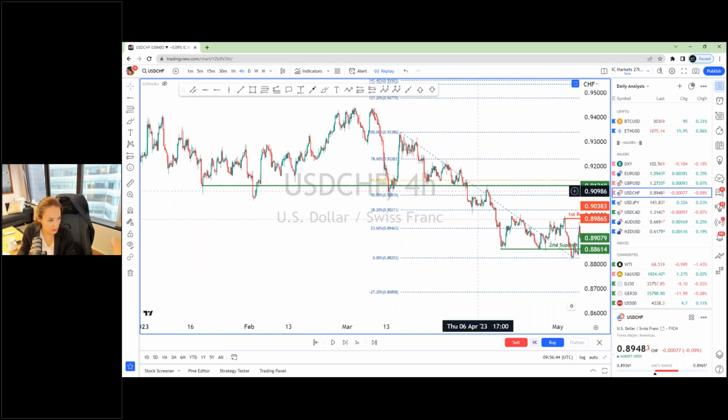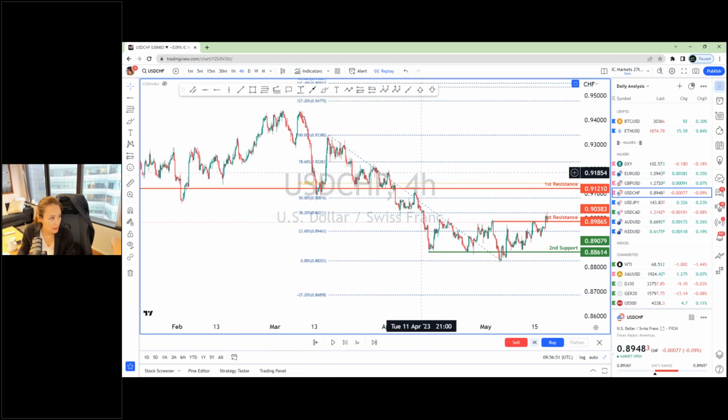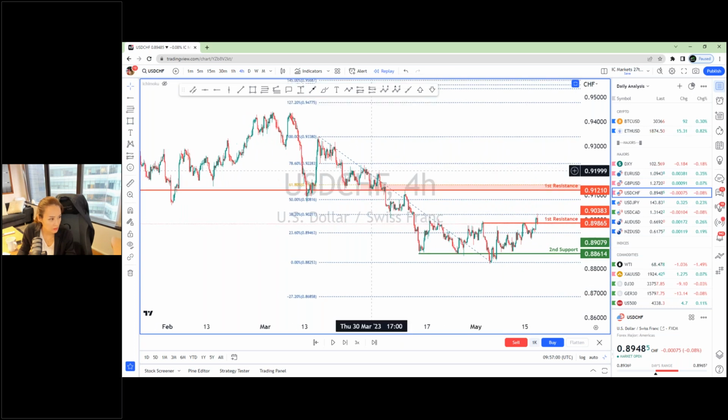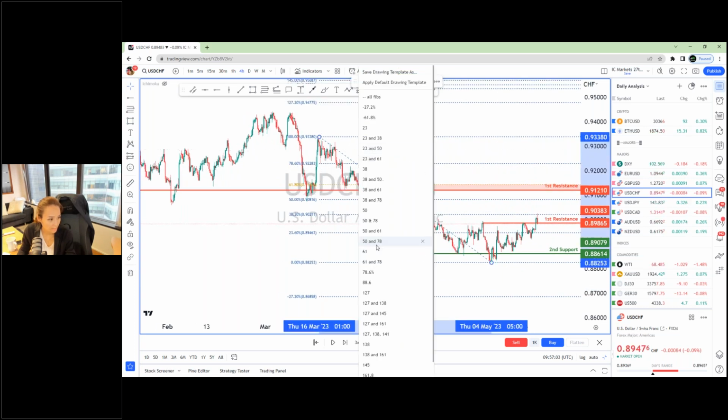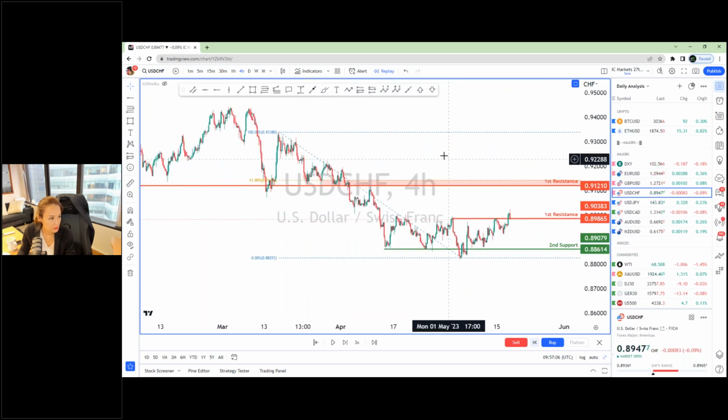Support now becomes resistance because price broke below. So this is, let's say, my first resistance, and this is my zone to sell. Okay, let's see. Okay, like this.